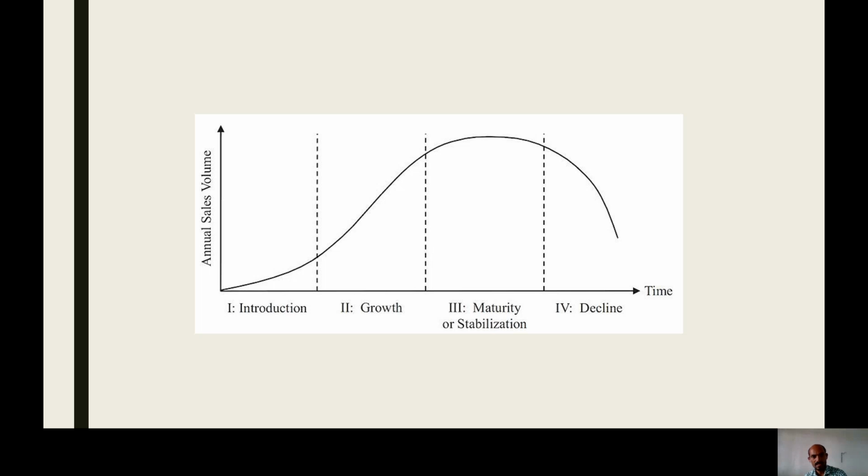Coming to the declining stage, sales go to a decreasing rate. The line goes down at a decreasing rate. This is about the product life cycle. These are all the stages: introduction stage, growth stage, maturity or stabilization, and declining stage.